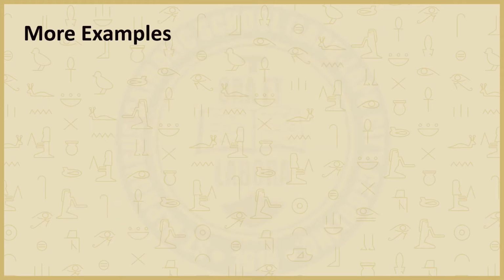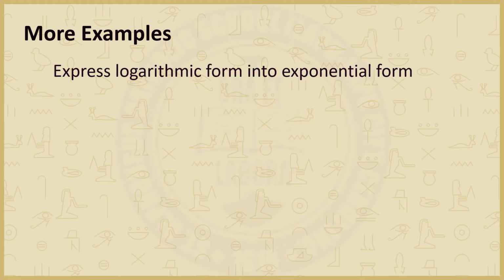So this time, let's express the logarithmic form into exponential form. If we have the logarithm of x to the base 2 equals y, its exponential form is 2 raised to y is equal to x.